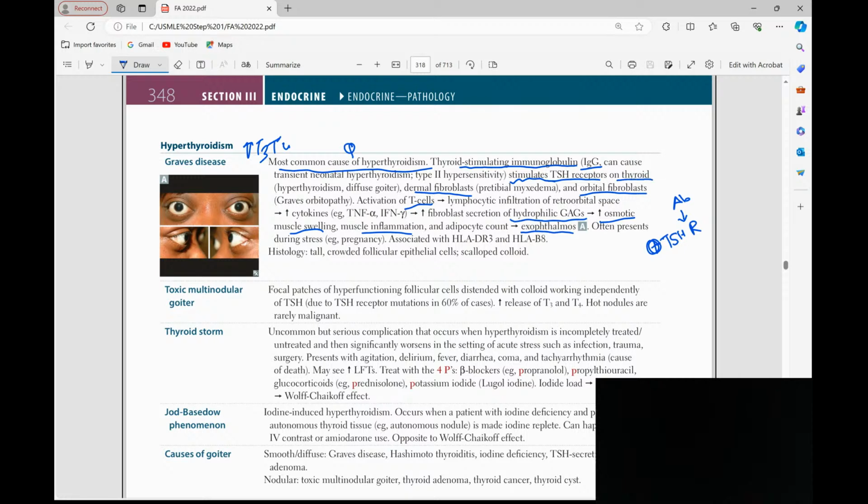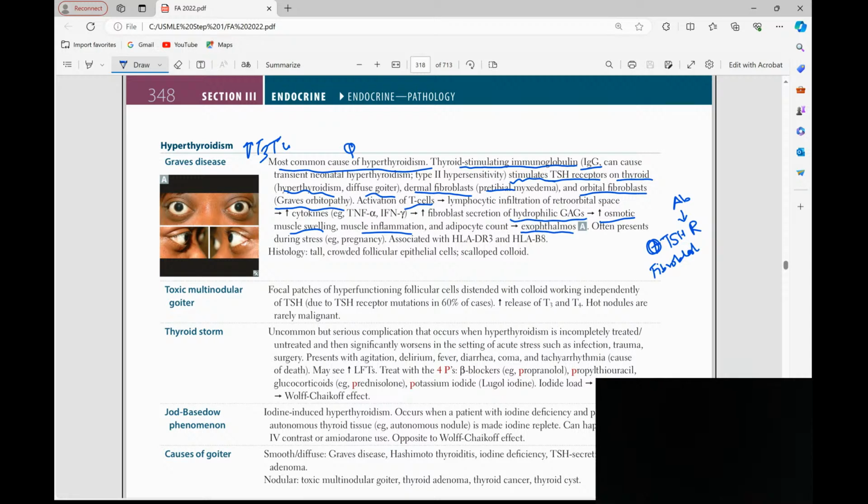So it will secrete more and more T3, T4, and it will also act on fibroblasts under the skin. So it will cause pretibial myxedema and changes around the eye. It will cause protrusion of the eye and also activation of T cells. And all of this is causing exophthalmos.